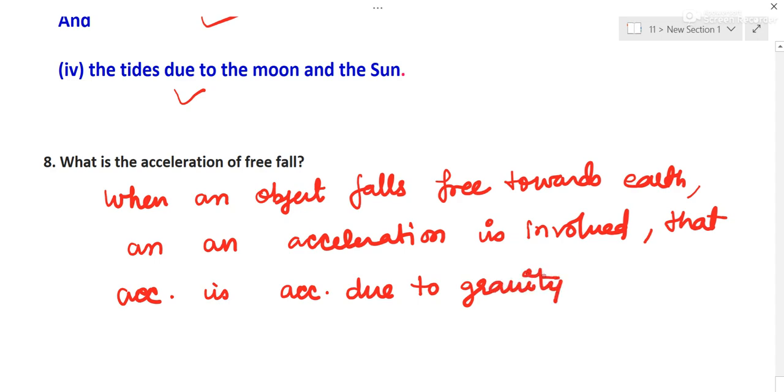And denoted by small g. Value is 9.8 meter per second square.